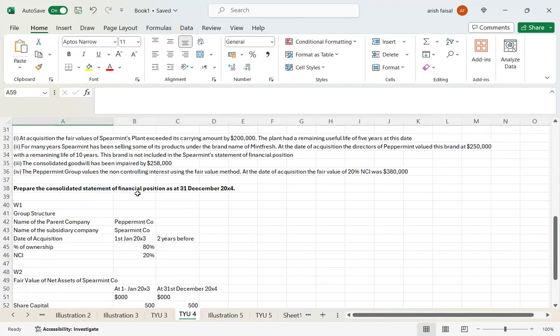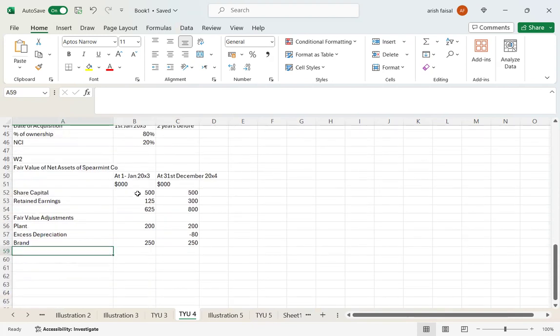Right now, likewise, you charge depreciation here, it has to be amortization. Now, this is not an excess amortization, but in the first place, because the asset was not recorded in the statement of financial position of the subsidiary. So, over the period of 2 years, we have to record an amortization for 2 years, right?